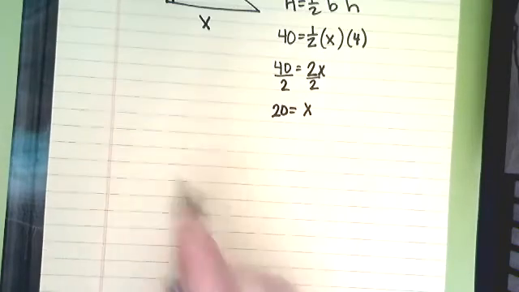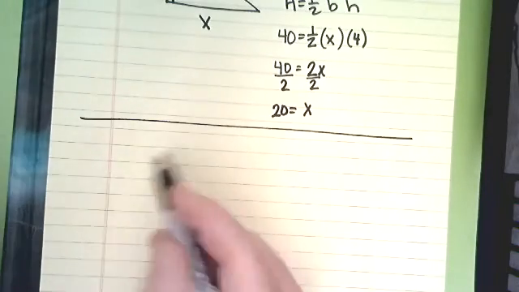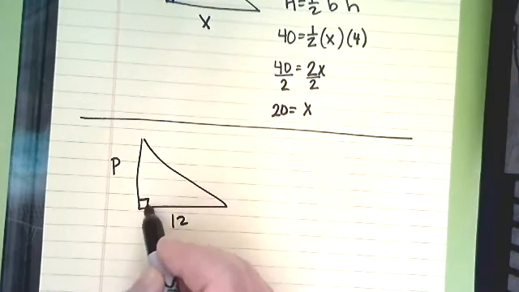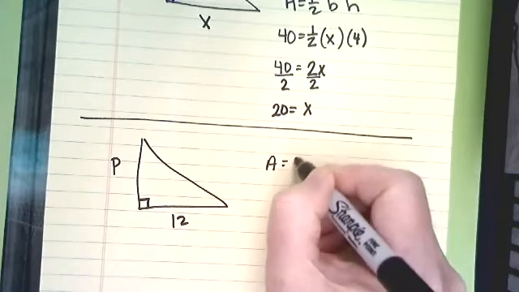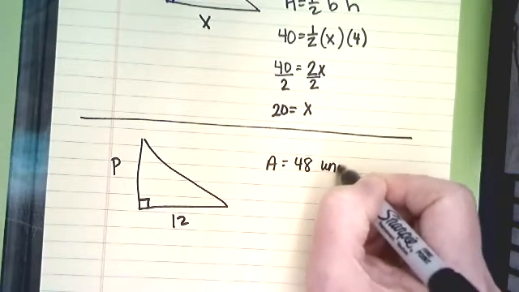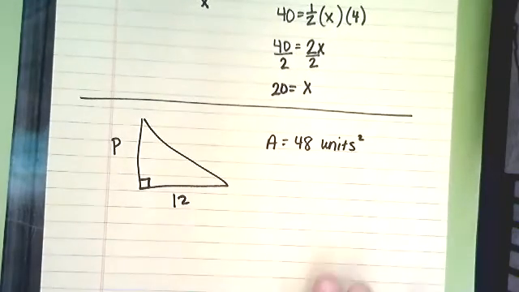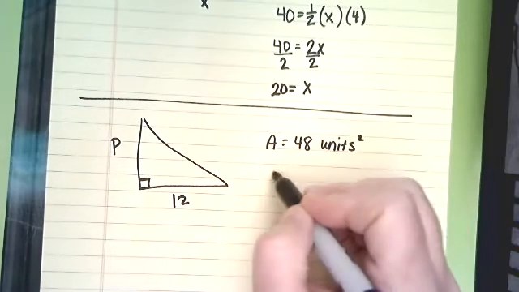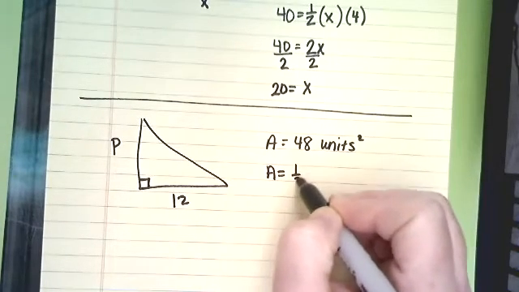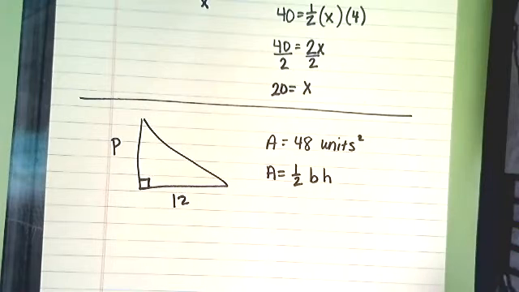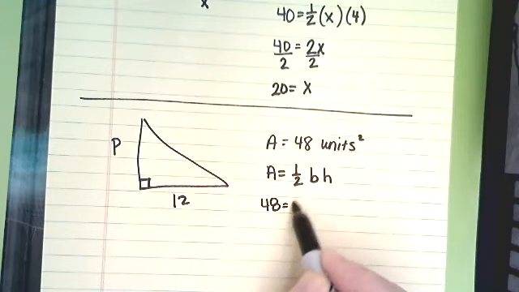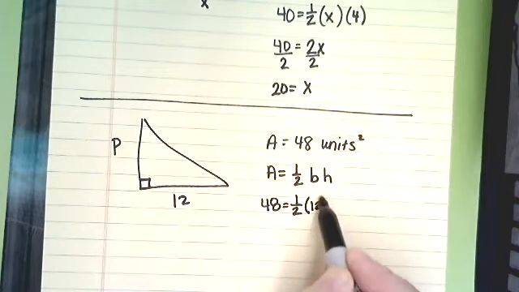Let's look at the next example. This is 2, this is 12. So the area equals 1/2 times 12.